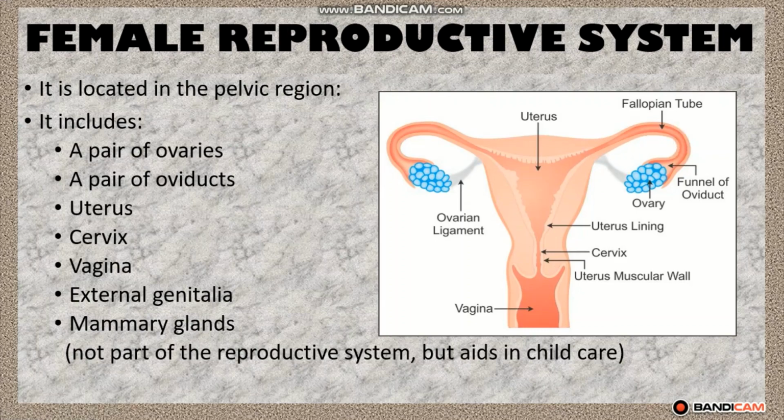The part of each oviduct lying towards the ovary is funnel shaped.